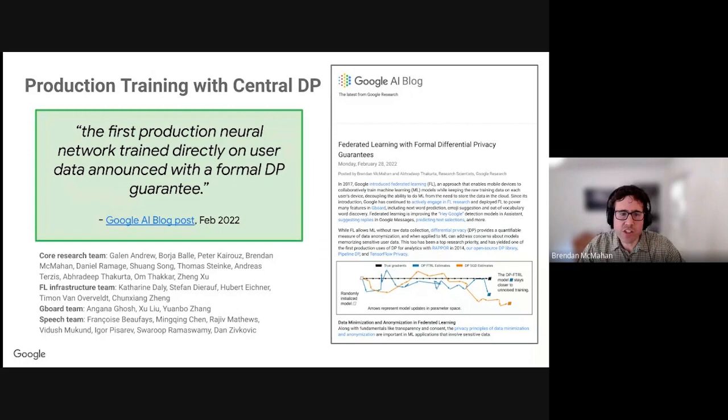In particular, this is a user-level differential privacy guarantee achieved via federated learning, but I don't think it had even been done in the easier case of example-level DP with centralized training before this. So for more information on this launch, you can see our blog post, and there will also be a talk later in the workshop.